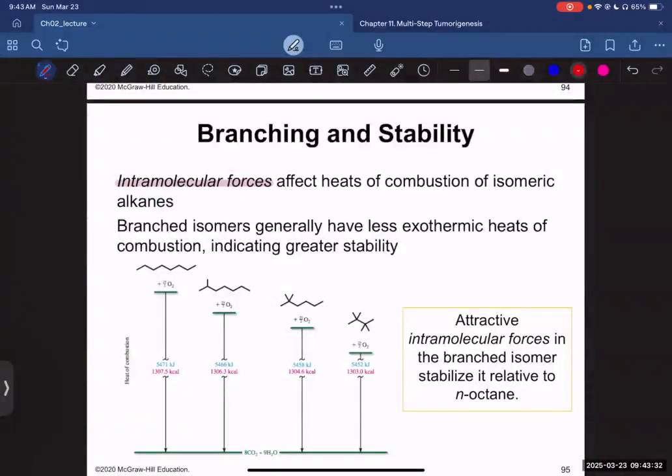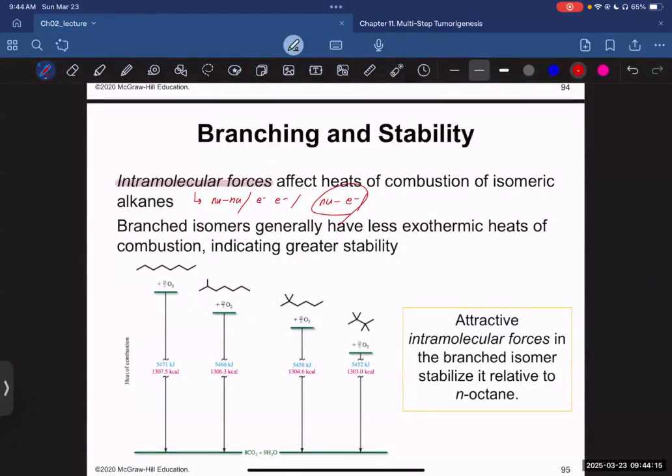Researchers looked at the attractive forces between the positively charged nucleus and the negatively charged electrons, along with the repulsive forces, and calculated how this causes the heats of combustion to change. They found that as these compounds become more compact, and therefore branched, there is an increase in the attractive forces between the nucleus and the electrons around it.